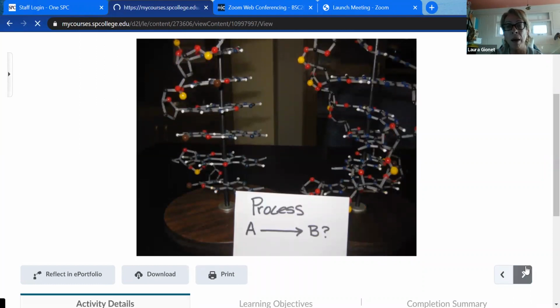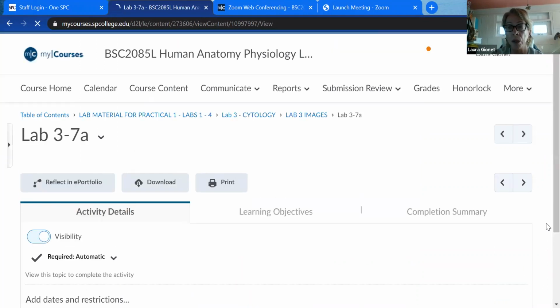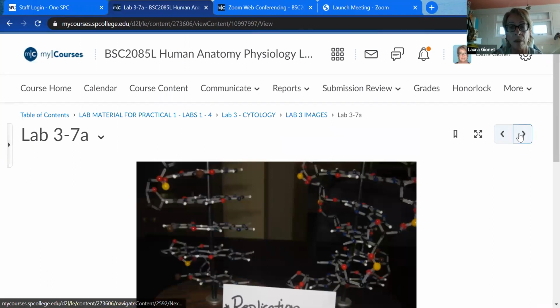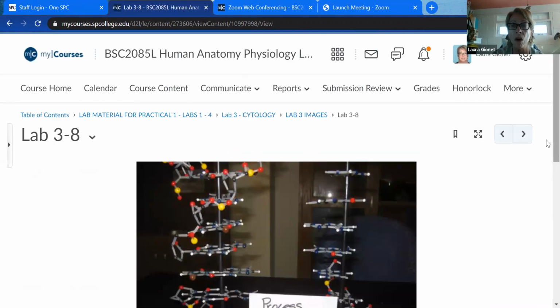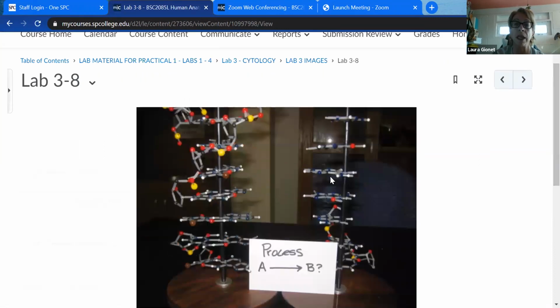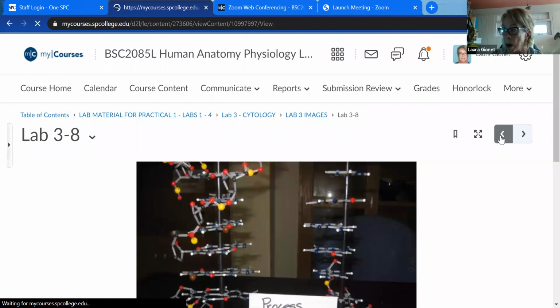I want to go two down because that should be a DNA molecule, but I haven't seen the RNA yet. Let me go one more. Some of these are hard to see in the pictures. Okay, so clearly a single strand, double strand.